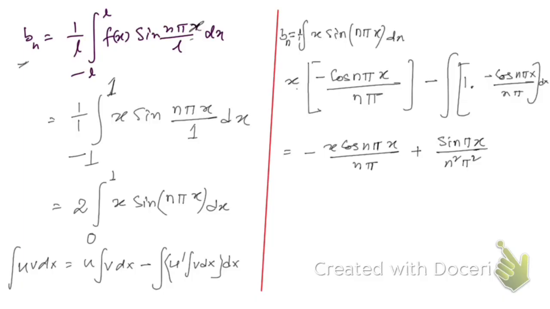Sorry, I have missed that 2, so let me write it this way. I have done only the integration part, so bn is equal to 2 times this value, the integration of this part. Let me write this one here.